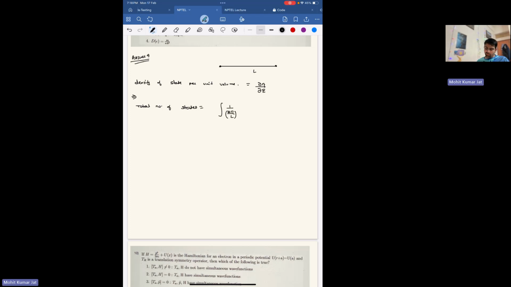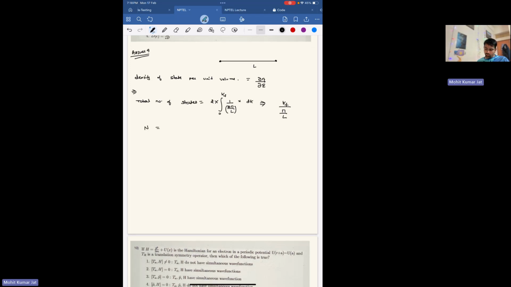If the system is spin degenerate, then multiply by 2, the degeneracy factor. And in k space we have to integrate from 0 to kf. That will give me the total number of states, and this boils down to L kf by pi. So the total number of states is equal to L kf by pi.